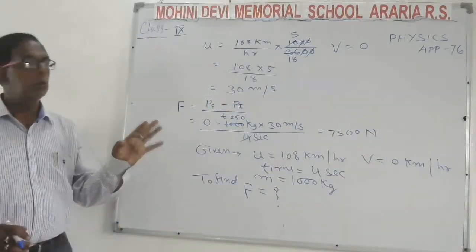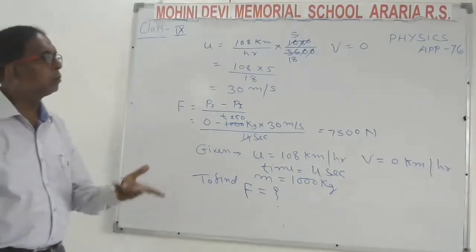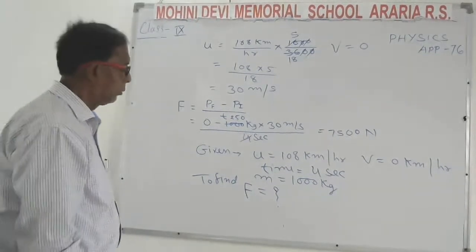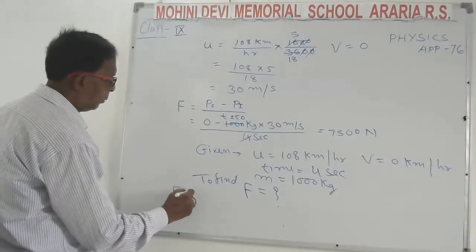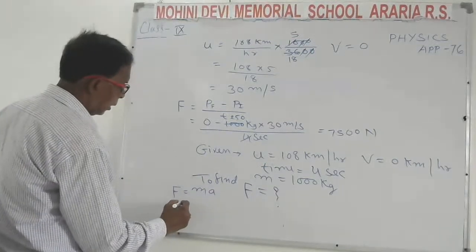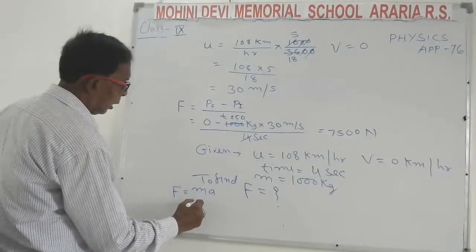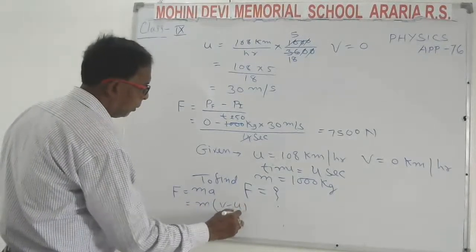This is the first way to solve this, and now the second way. It is also easy to solve by the second way, that is F is equal to m into a, and thereafter a is equal to v minus u by t.